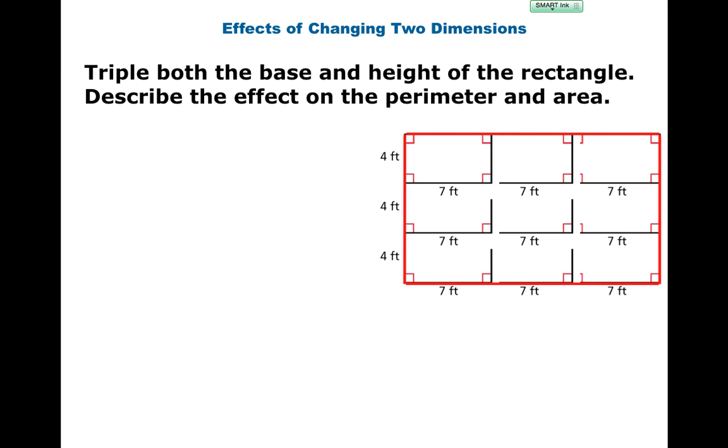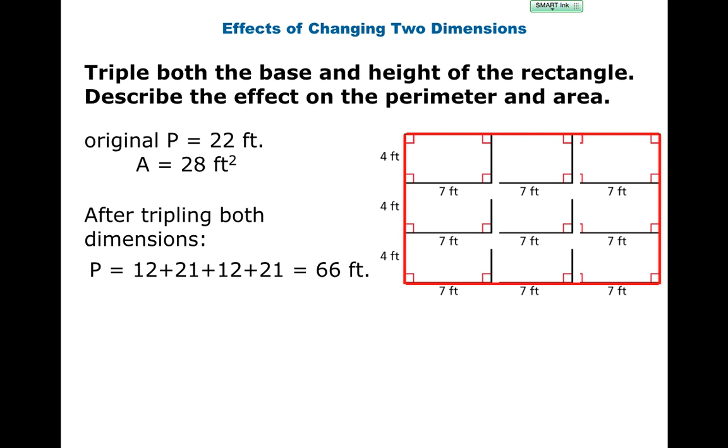I think I listed perimeter first. What's the new perimeter? I got 66, because you're adding 12 and 12, and then 21 and 21. Right, and the new area, 12 times 21 was 252.